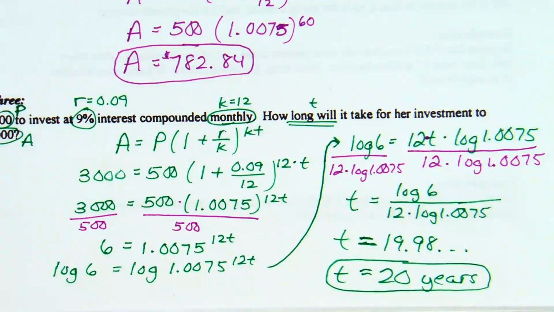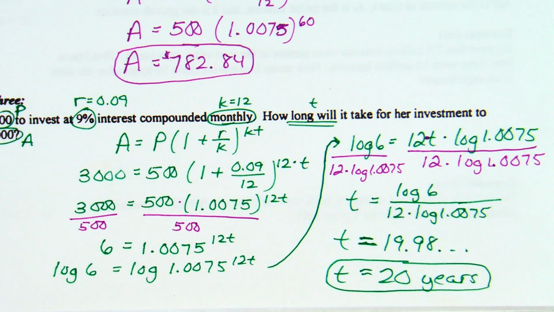Okay, questions there? You just check. Try it. I'm not sure. The thing is, if it comes up something like 19 and a half, I don't know that I'd let you round to 20.